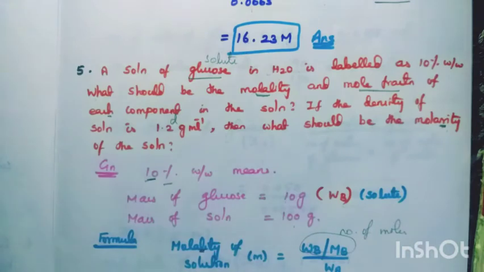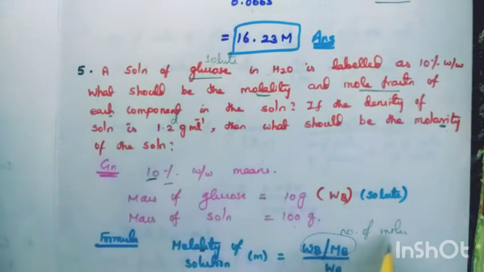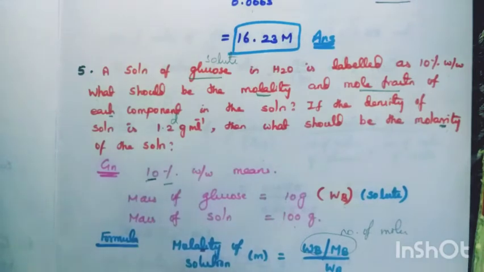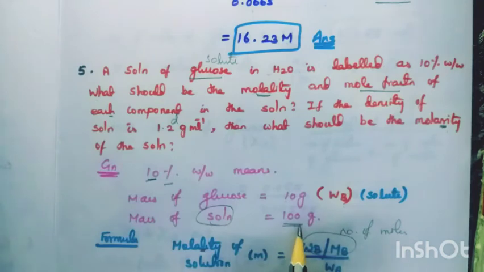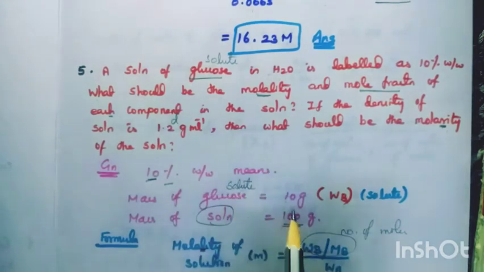Now the formula. Molality means the number of moles by weight of the solvent, WA. A means solvent, the mass of the water. How will you calculate this? 100 minus 10. That means the overall solution is 100, and the solute, glucose, is 10 gram.